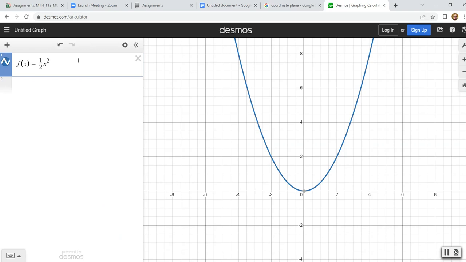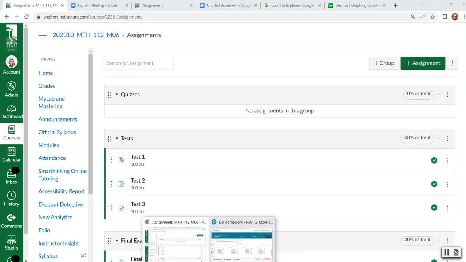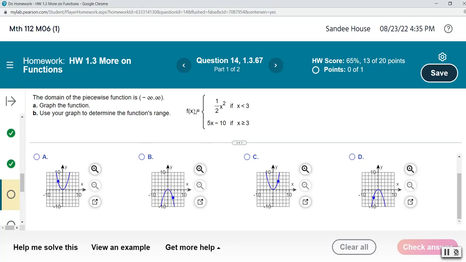So here we have a U shape, and that U-shaped part is on the left of 3. Okay, so remember, a U-shaped part on the left of 3, a line from 3 to the right. Okay, so I'll look at this first graph.